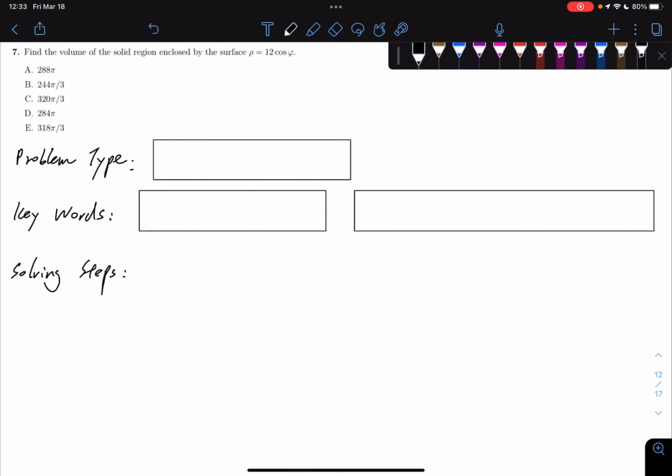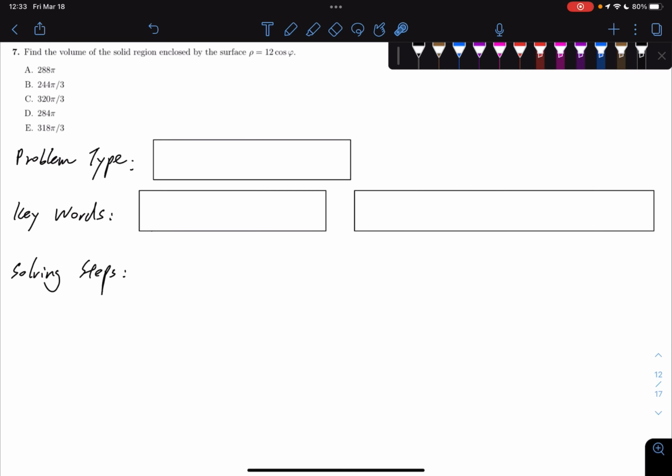All right, question number 7. Find the volume of the solid region enclosed by the surface rho equals 12 cosine phi. By looking at this question statement, the obvious giveaway is this equation.